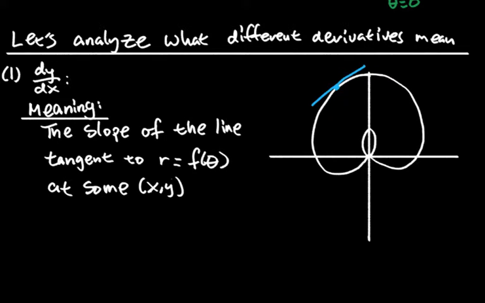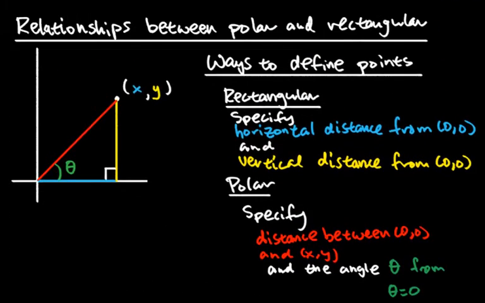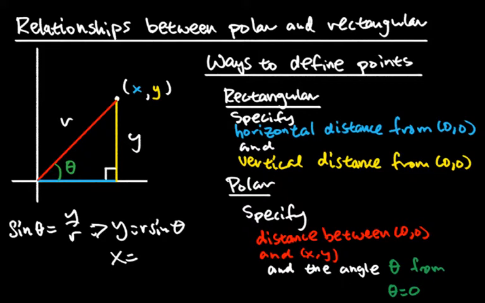Well, recall also, I'm going to rederive the stuff up here. If we look at sine of theta, that's opposite over hypotenuse, y over r. So y equals r sine theta, and then similarly x equals r cosine theta. That's going to come in handy right now.